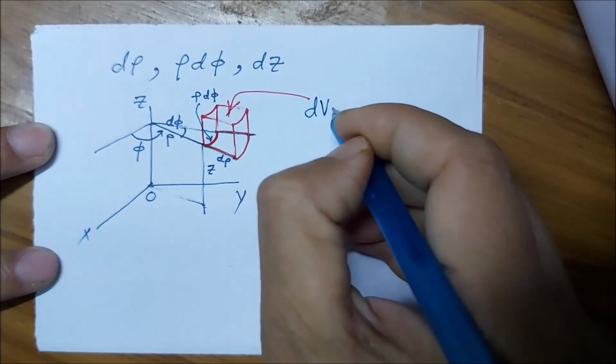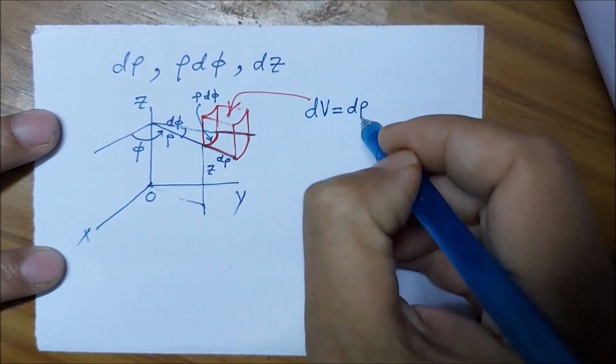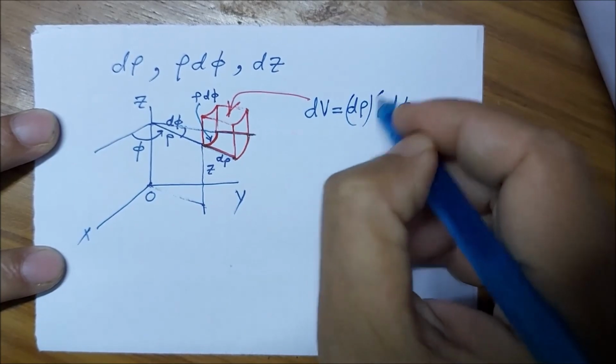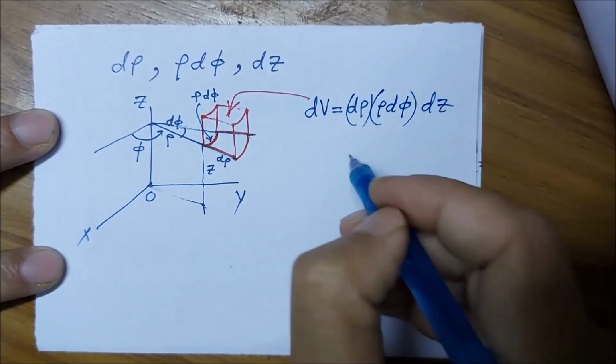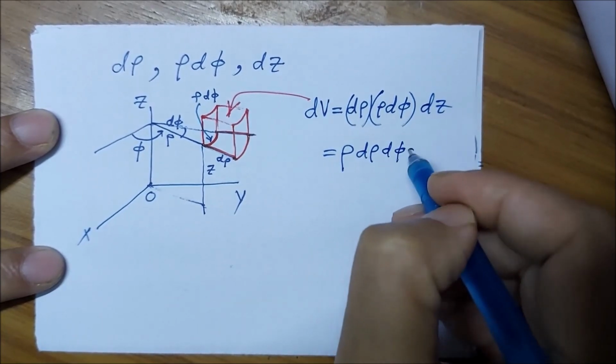So we have built a volume element which is d rho, rho d phi into dz. So it is rho d rho d phi dz.